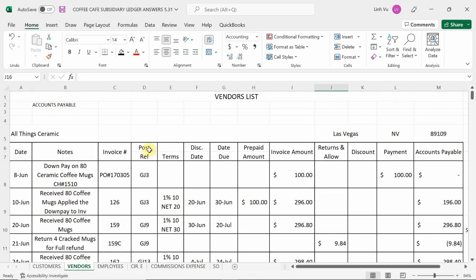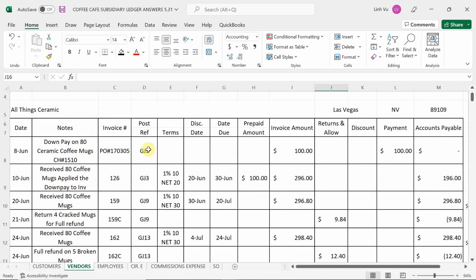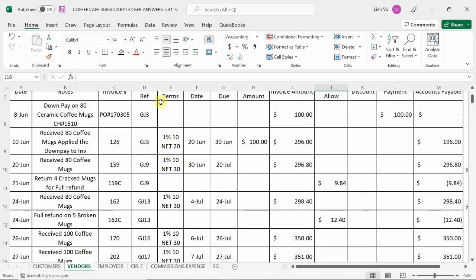So let's actually take a look at what I actually have, because lately we haven't even been checking it to determine whether we have anything due coming up soon. We missed the opportunity to take advantage of a discount for June 20th, but guess what? We are pending to make a payment soon because today's the 27th, right? We need to keep in mind that we have to make a payment to All Things Ceramics for the very first batch of inventory we purchased, or ceramic coffee mugs in this case.